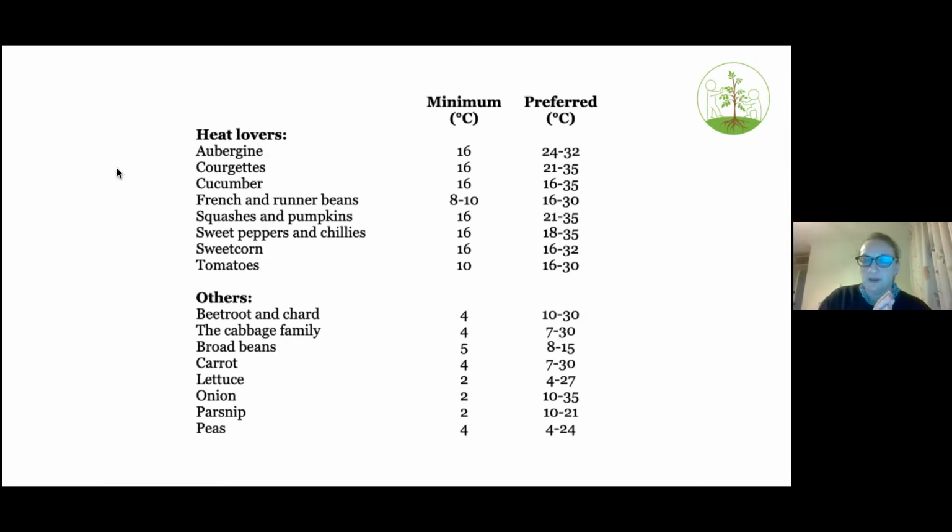So it's really important when you're trying to germinate seeds that we keep a stable temperature. Here you can see the different seeds require a different minimum temperature, which could relate to what Taj was saying earlier about how sometimes you put things out too early, and if it's too cold, they won't survive. Things like aubergines and courgettes need it to be much warmer than something like lettuce, which can manage quite a bit colder. So the temperature is really important, but some other things that seeds need would be water.